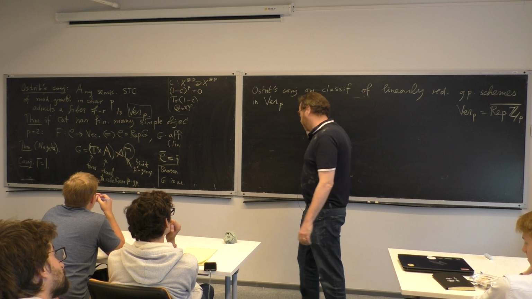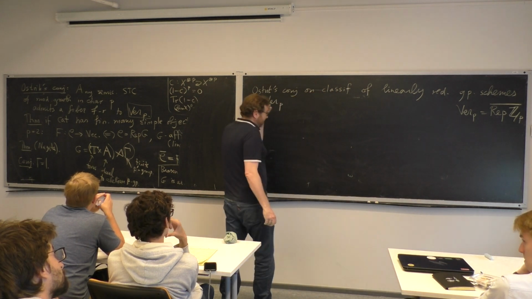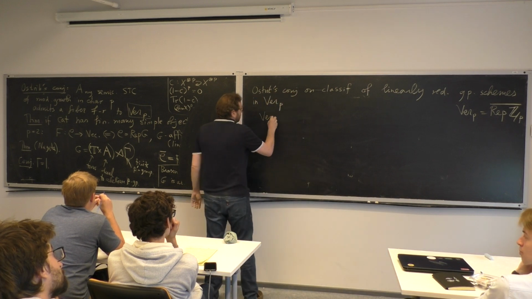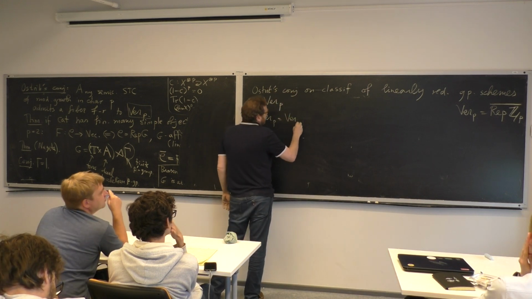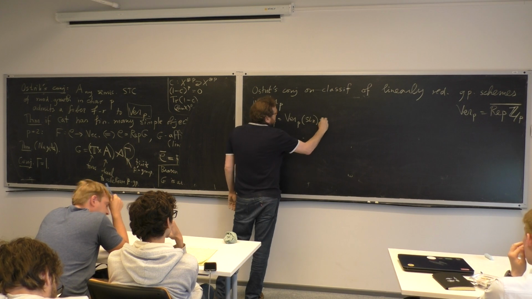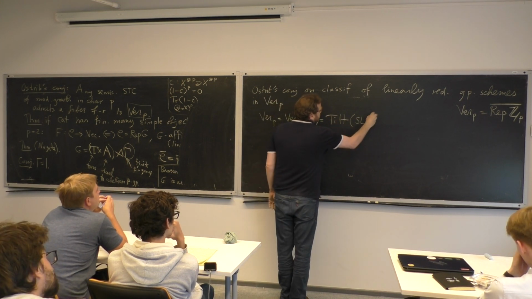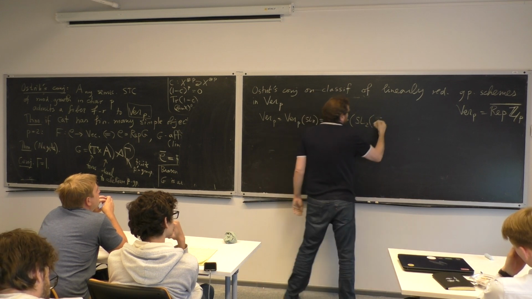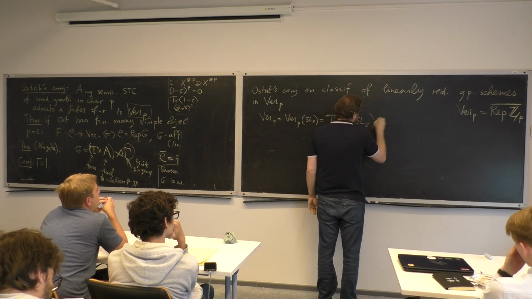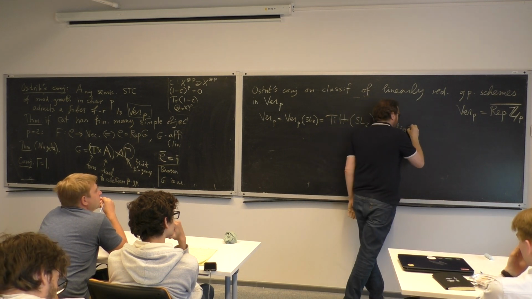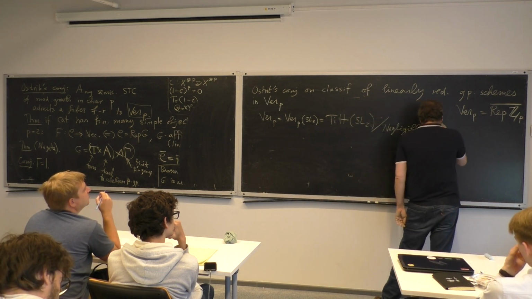So there should be a construction of that from SL2, and this is how it originally came up. So this Ver_p is Ver_p of SL2, which is the category of tilting modules of SL2 over F_p in characteristic p divided by negligible objects.